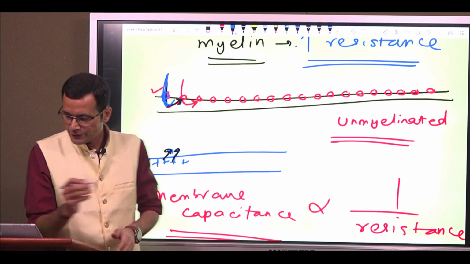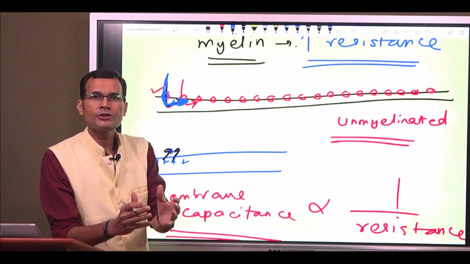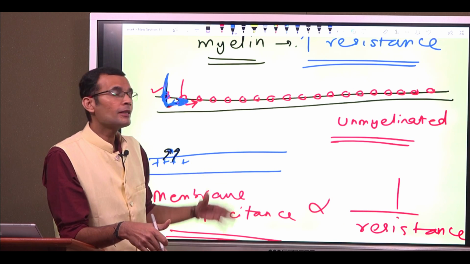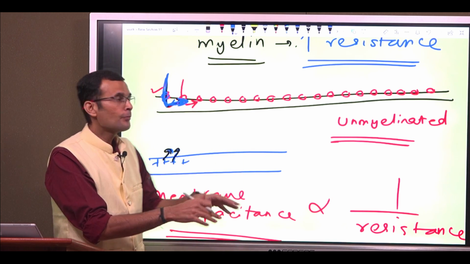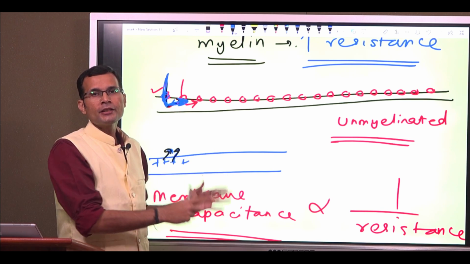Then, as the charges travel, the current strength will decrease to 37% of its maximal value. That much distance is called the length constant.